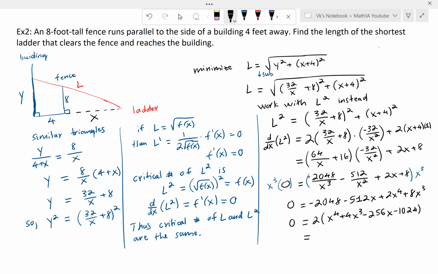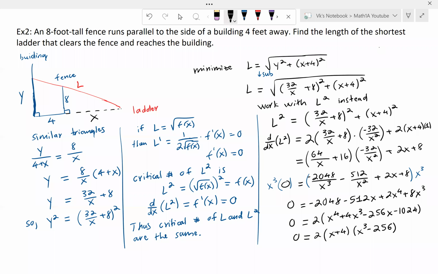And we can factor this further using the rational zero theorem. It will factor out to be (x plus 4)(x cubed minus 256).